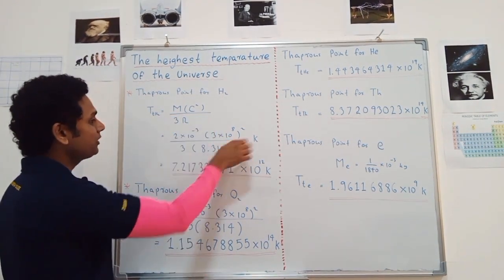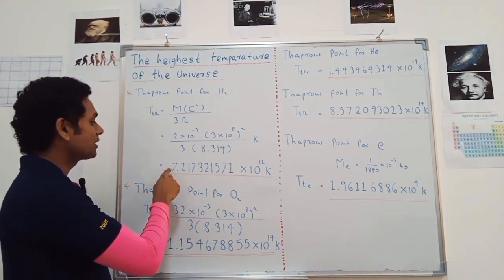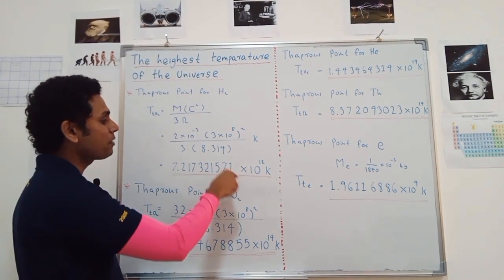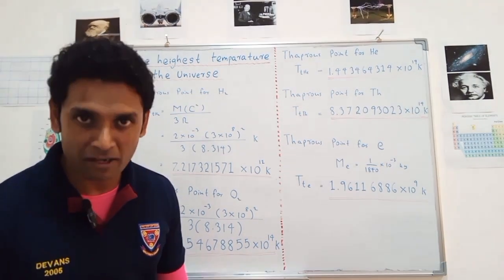Calculating this, the solution is 7.217321571 multiplied by 10 to the power 12 Kelvin.